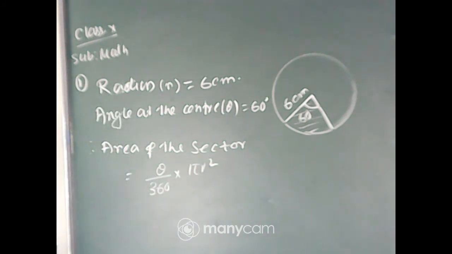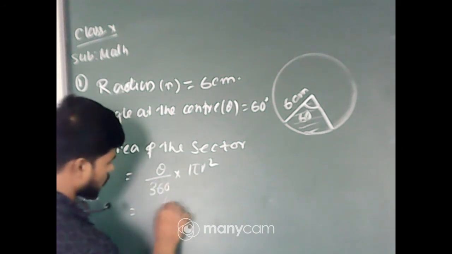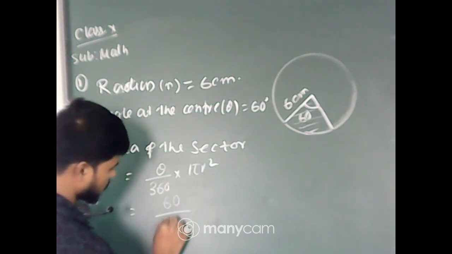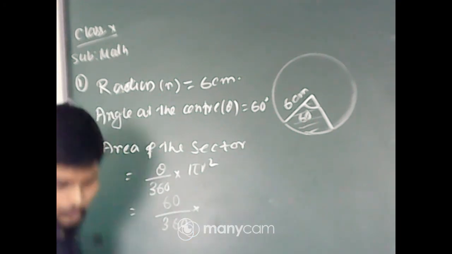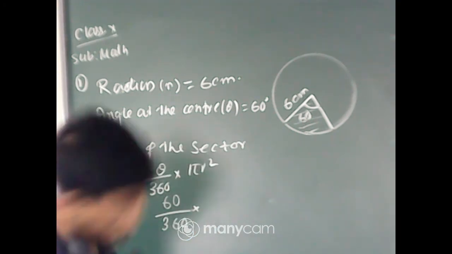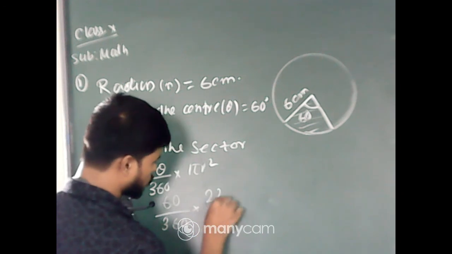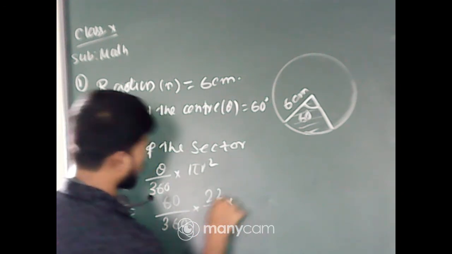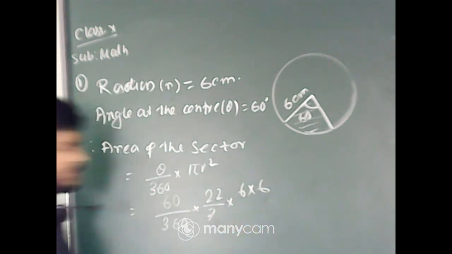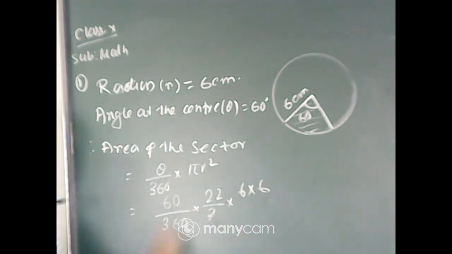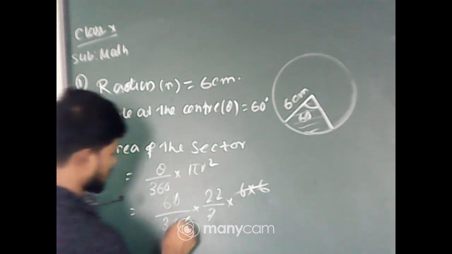Now put the value. The value of theta is known as 60 degree by 360 into the value of pi. Is any value of pi given? No, nothing is given. So we'll put 22 by 7 into r square. Value of r means 6 into 6. Now we have to do the calculation. 6 into 6 is 36.